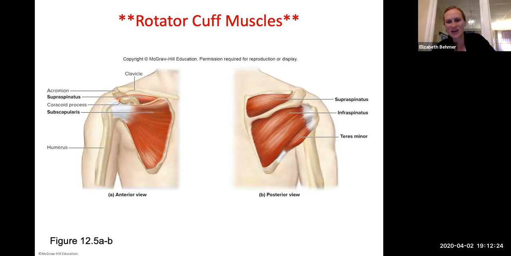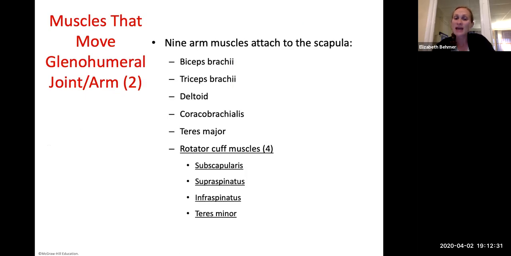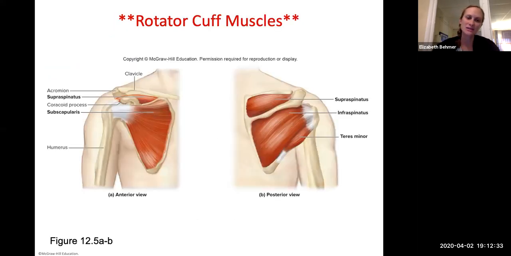So here are your rotator cuff muscles: supraspinatus, infraspinatus, the teres minor, and then the subscapularis is included in that. And the subscapularis is the muscle that lies in the subscapular fossa of the scapula itself. These are all muscles that are on your lab exam sheet, so just knowing those.